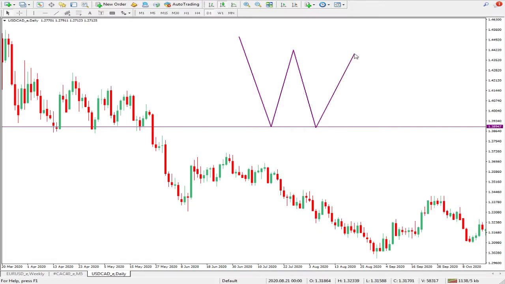So if the price somehow breaks and closes below this point, that is, if you see a clear breakout below 1.38947, the fact that the price has closed below this line is a sign that this is a breakout.